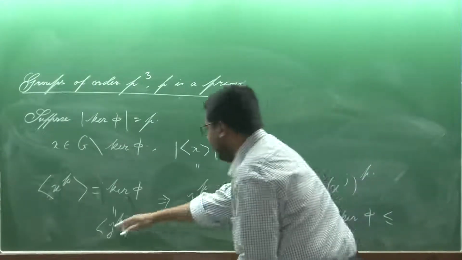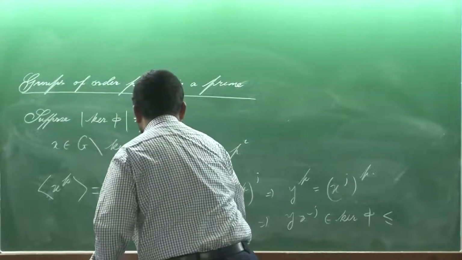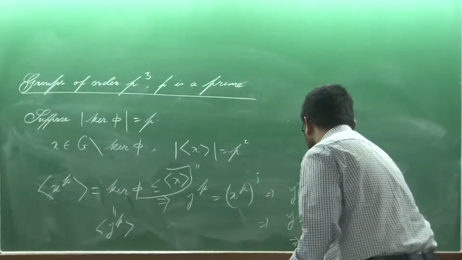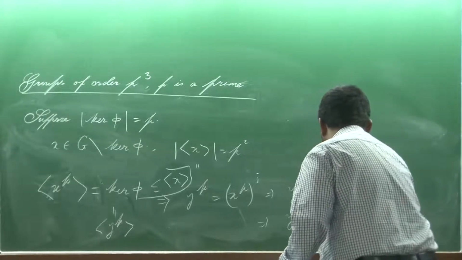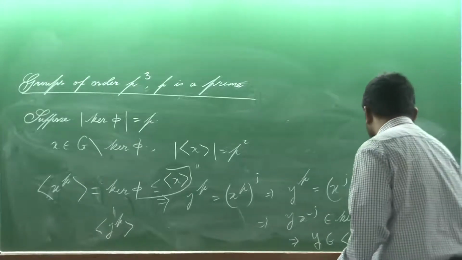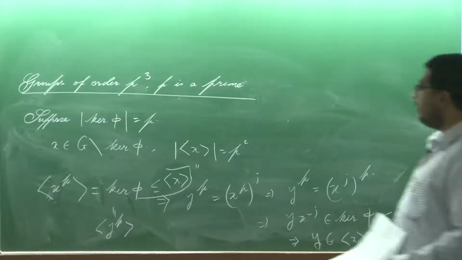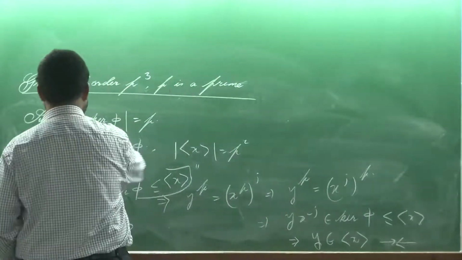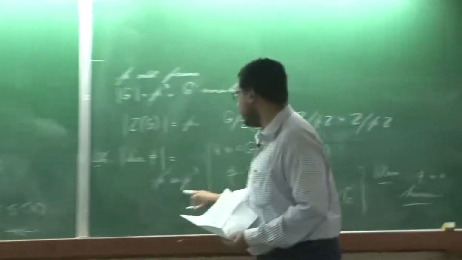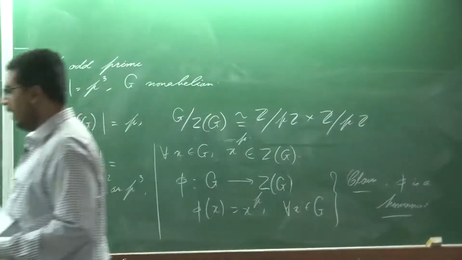The kernel of phi is again contained inside, as we have seen, the subgroup generated by x, hence it follows that y must be in the subgroup generated by x. That is a contradiction because we have chosen y in such a way that it is beyond the subgroup generated by x. Thus this is not going to happen, hence the kernel has order either p square or p cube. So that is going to be the crucial observation for us.